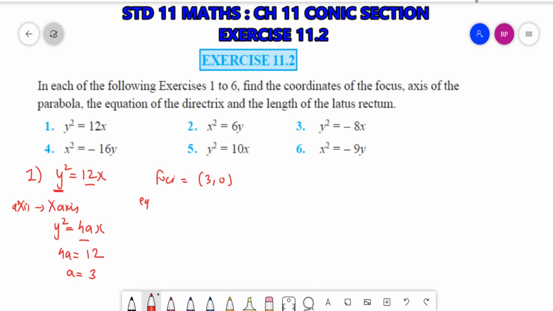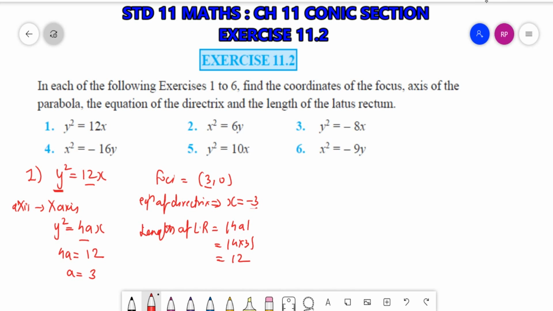Equation of directrix will be x equal to minus 3. Remember, if you are taking 3 here, it will be minus 3 in the equation of directrix. Length of latus rectum will be modulus of 4a, that is 4 into 3, which is 12. So the length of latus rectum is 12.